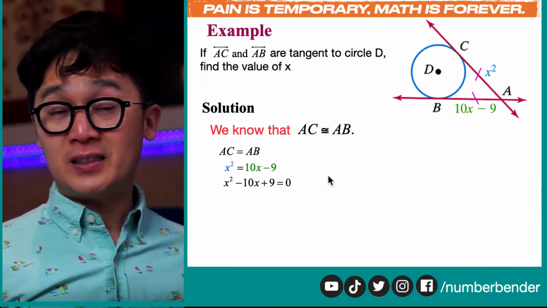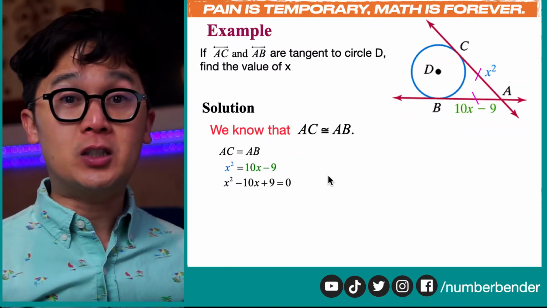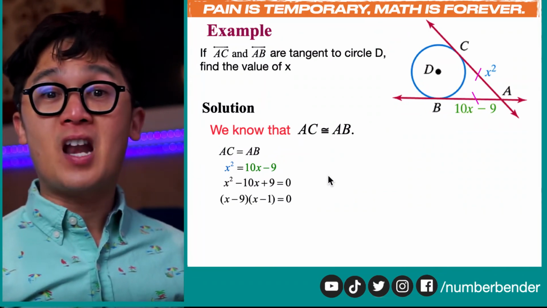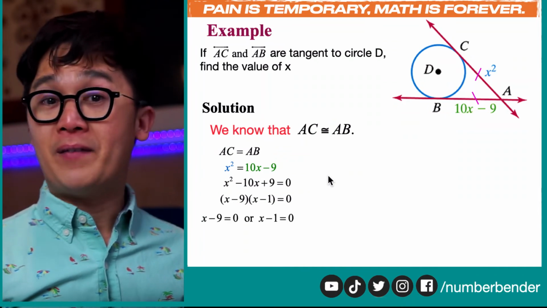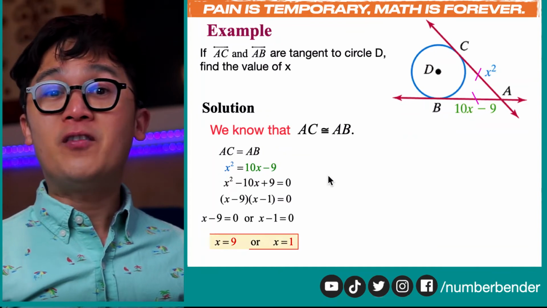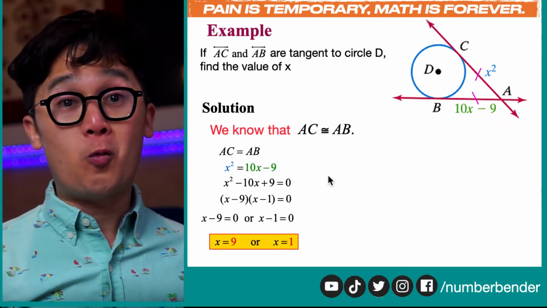And by setting it to 0, we have a quadratic equation that is factorable. And by factoring, we're able to separate 9 or negative 9 and negative 1. And by zero product property, we have x minus 9 equal to 0 and x minus 1 equal to 0. Therefore, the values of x would be 9 or 1.